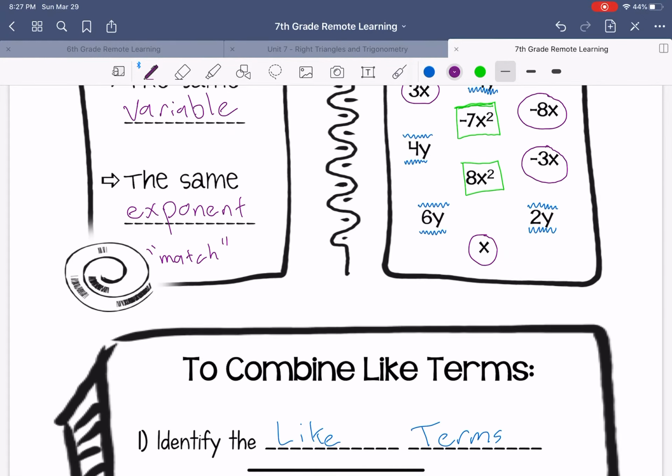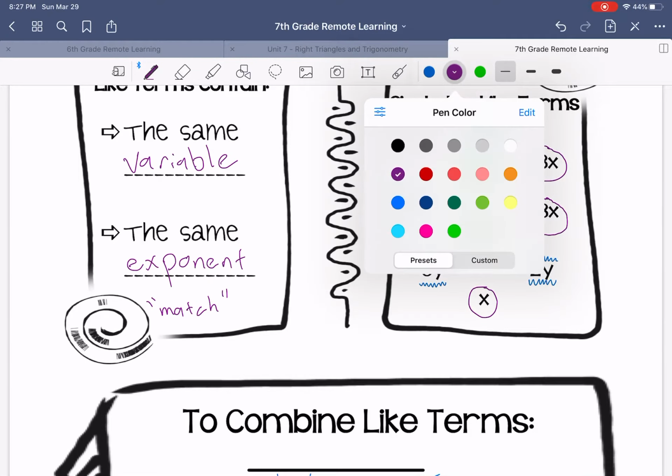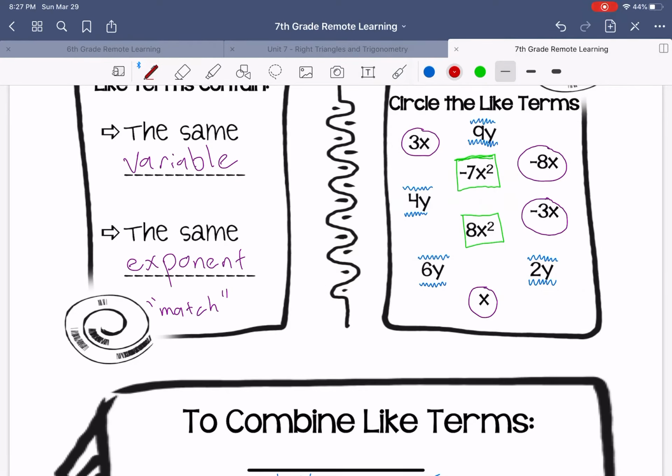Okay, so if we go back up here, and I'll switch colors, this 3 right here is a coefficient of x. This negative 7 is a coefficient of x squared. This negative 3 is a coefficient of x. This 4 is a coefficient of y. And we can do that for every single one of these terms.